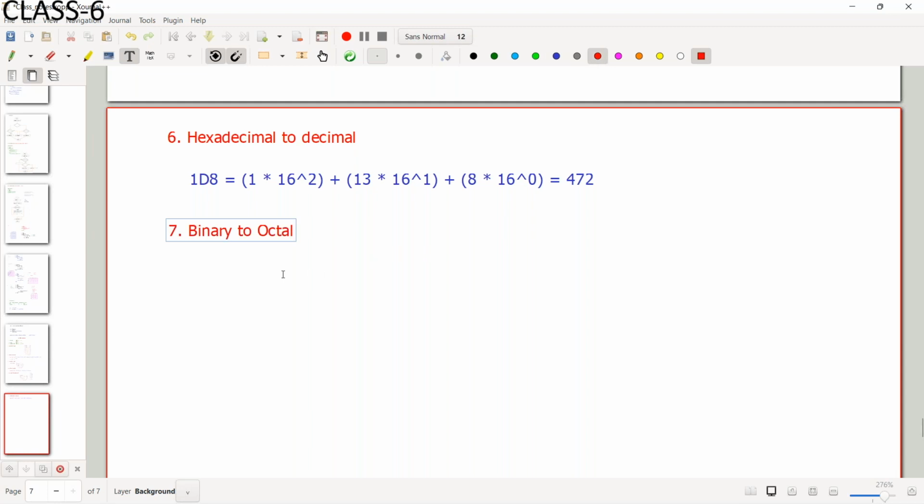In the octal number system, the maximum digit we are considering is 7, from 0 to 7 only, so the base is 8. Now what is the binary representation of 7?